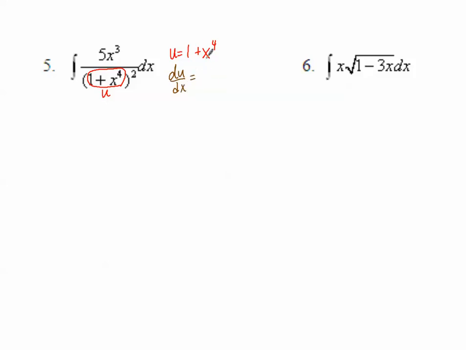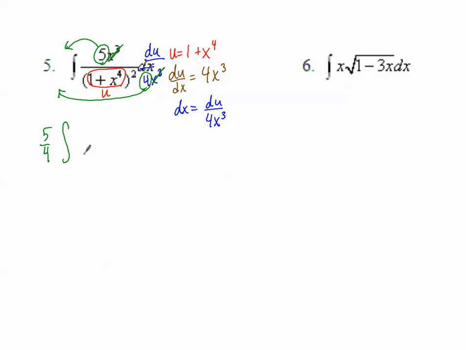All right, let's check in. Our derivative is 4x cubed. Solve for dx: du over 4x cubed. Plug it in, du over 4x cubed. The x cubes cancel out. The 5 and the 4 don't, but those we can bring outside. 5 over 4, integral.